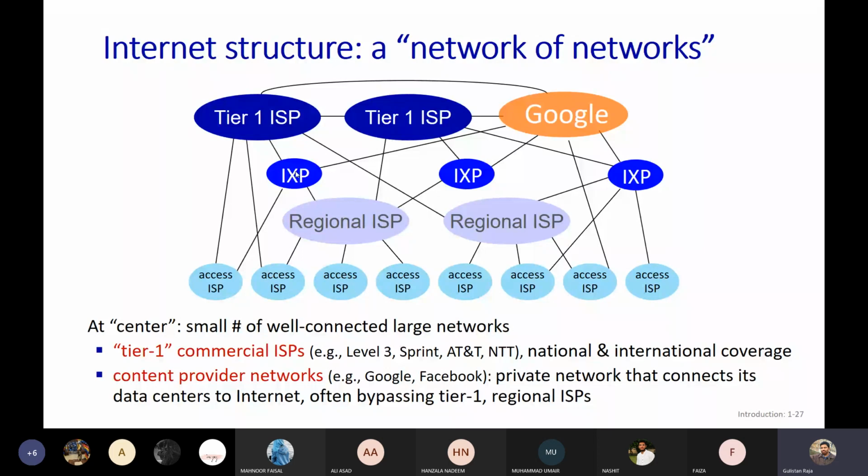Through IXPs we connect to regional ISPs, and then regional ISPs are connected to access ISPs. There is no hard and fast rule that access ISPs should only be connected through regional ISPs. Tier 1 ISPs can also have direct connections to access ISPs. So this is the structure of the internet, through which you can have a connection.